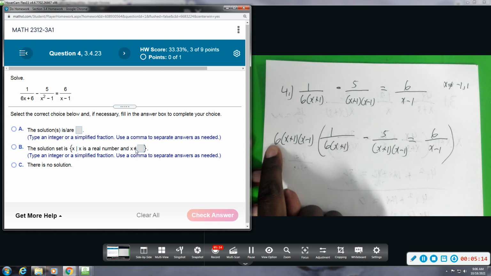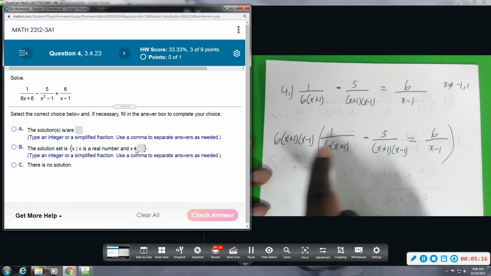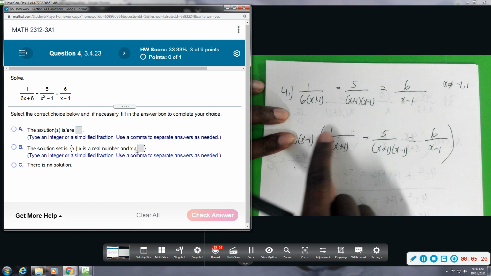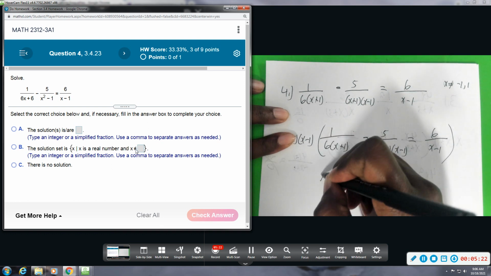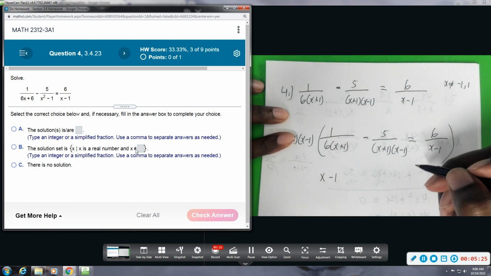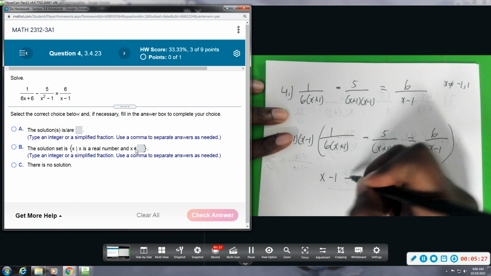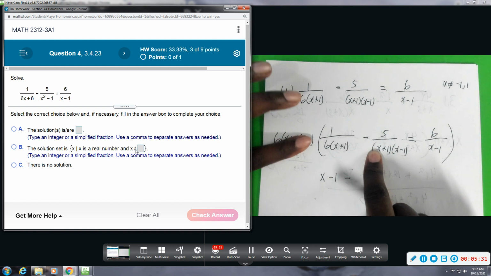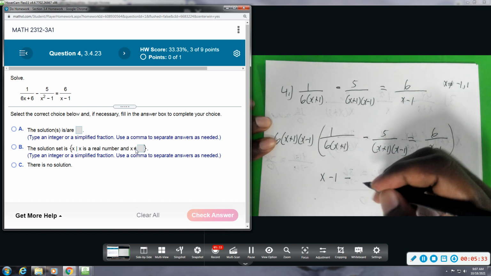All right, so when I multiply this LCD times the first term, 6 and x plus 1 cancel, and I'll just multiply x minus 1 times 1. So that leaves me with just x minus 1. And then minus, we're going to multiply and cancel out that. So we just have 6 times 5, which will give us 30.